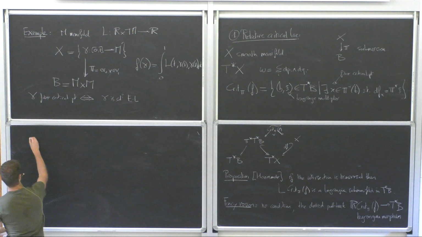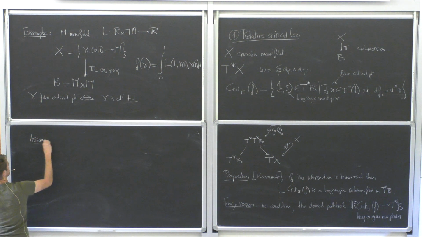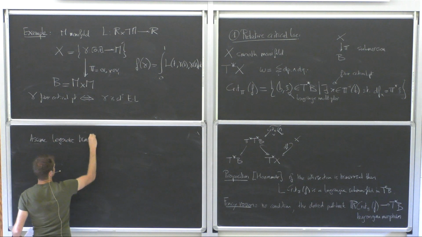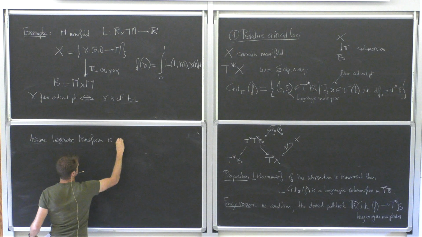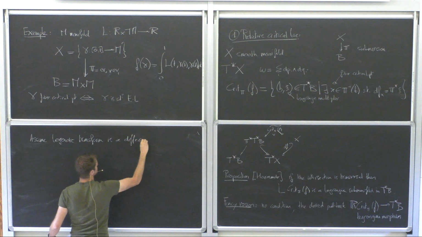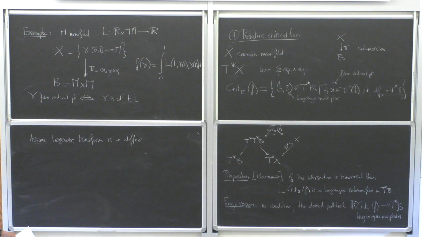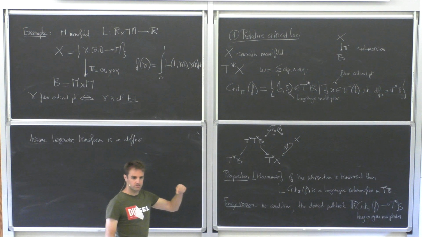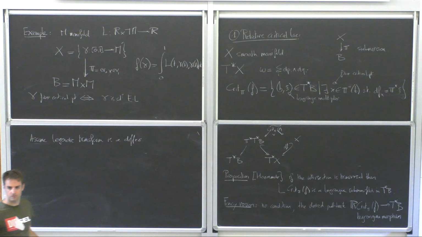So let's assume that the Legendre transform is a diffeomorphism. That's this thing that sends x, x dot to x, y, where y is the derivative of the Lagrangian. So assume that we have this.